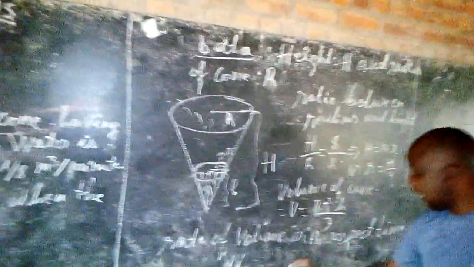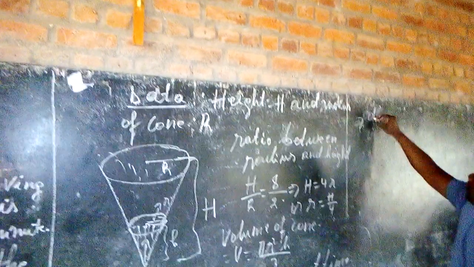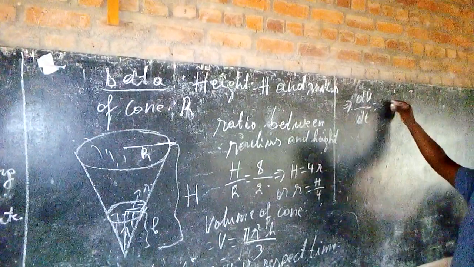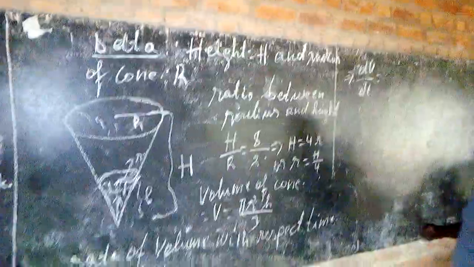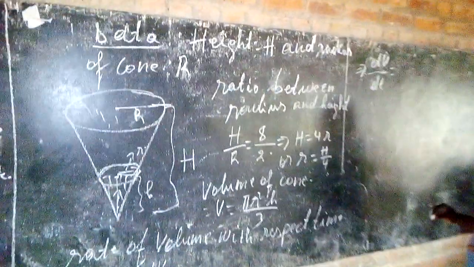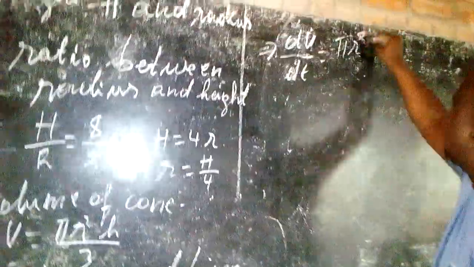In this case, we have dV over dt, which will be equal to the derivative of pi r square h over 3.